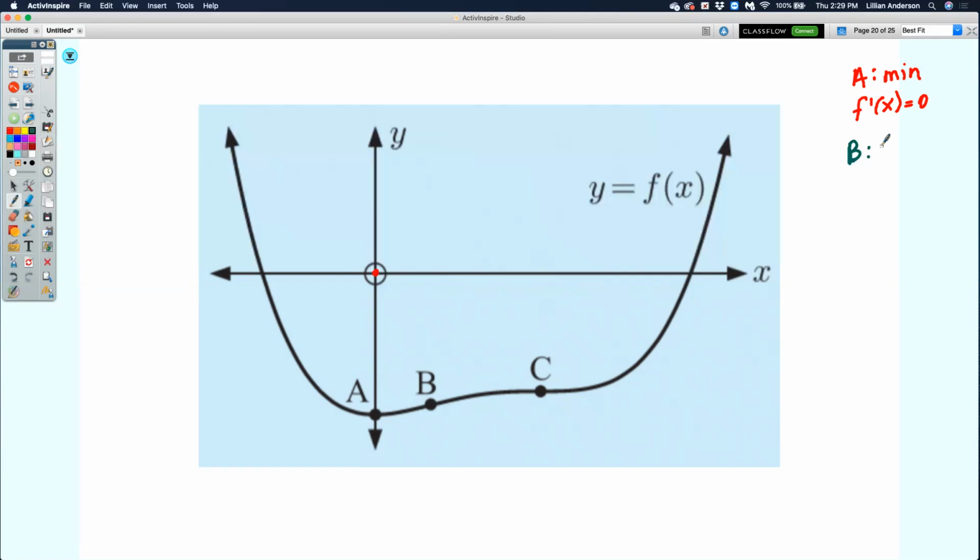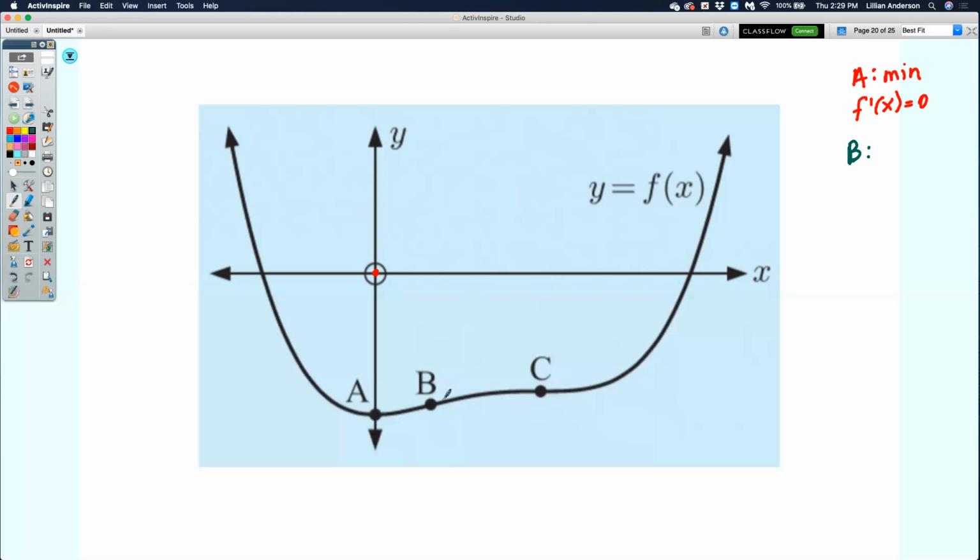Are you sure it's a stationary inflection point? Critical point, is that the other term? So are you trying to associate it with the first derivative or the second derivative? First derivative. Okay. So if it's a stationary inflection point, that means that it had to kind of level out and then continue to increase before and after that particular point.